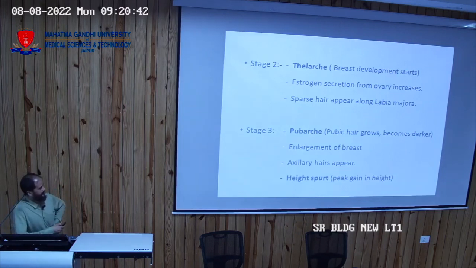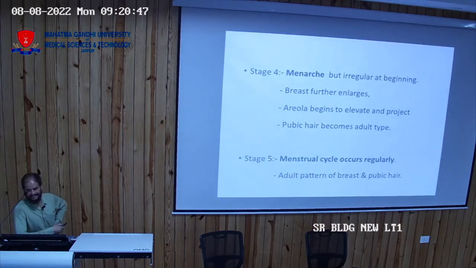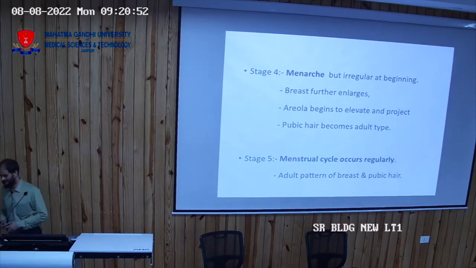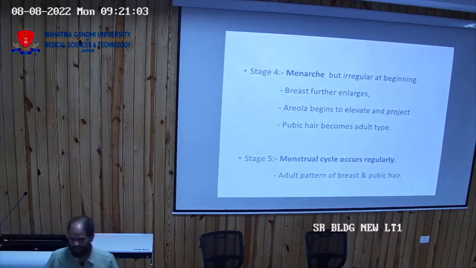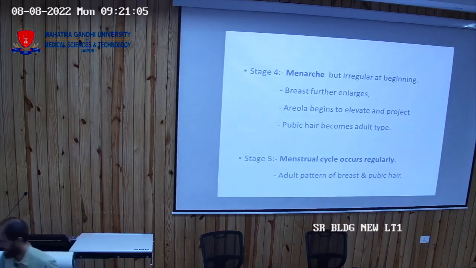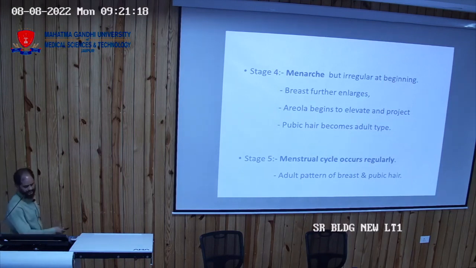So after stage 3, in stage 4 menarche will start, the onset of menstruation. But initially it is irregular. That is why at that age parents at times go to the doctor complaining of this irregular menstruation, but it is a normal phenomenon. At the time of initiation and also at the time of menopause, irregularity is found, and that is normal. So menarche, but irregular at the beginning.